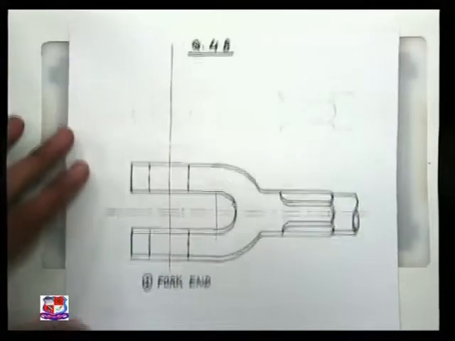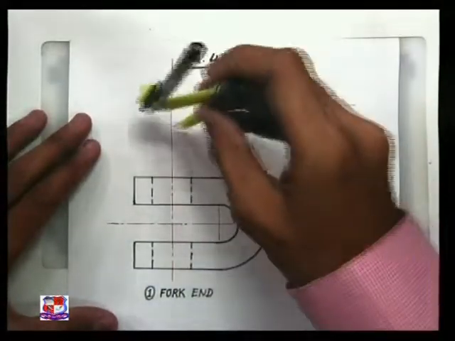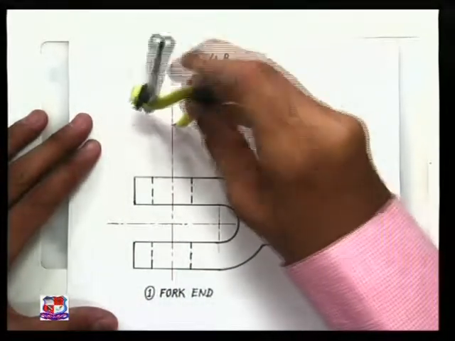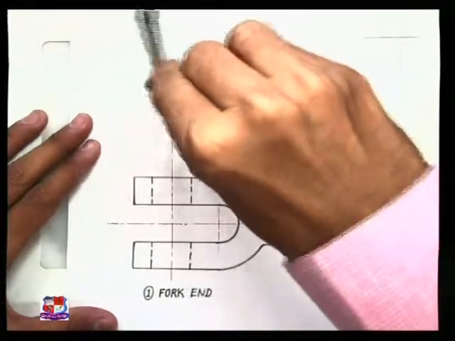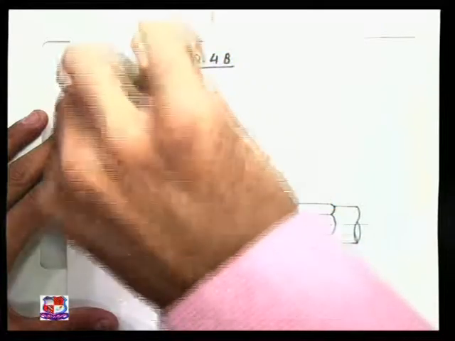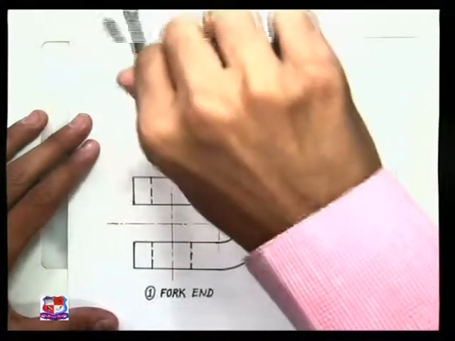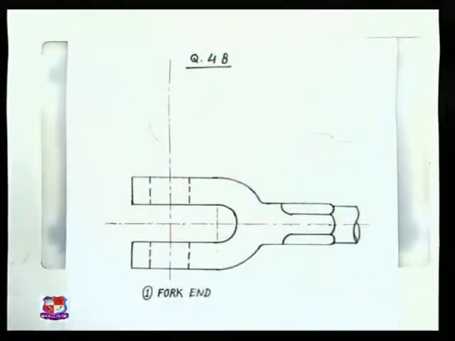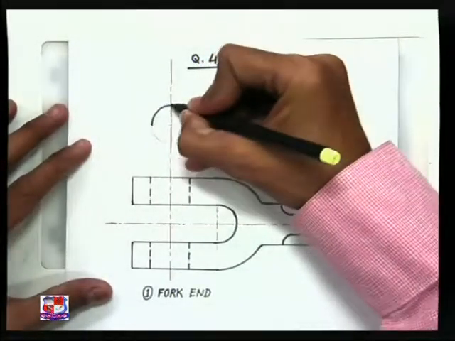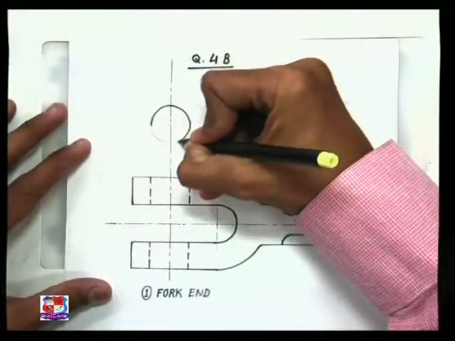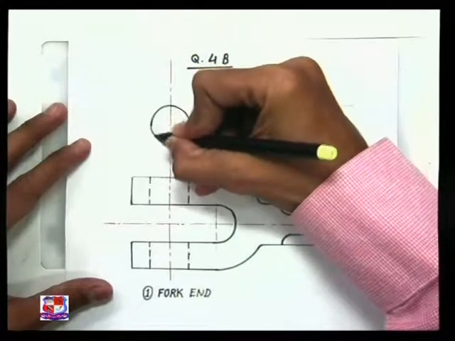After drawing the front view of this object, let me draw its top view. In the top view, two circles would appear like this. So draw these two circles with the given dimension like this. You can draw with the help of a compass as well, so that it would be much sharper and much clearer.